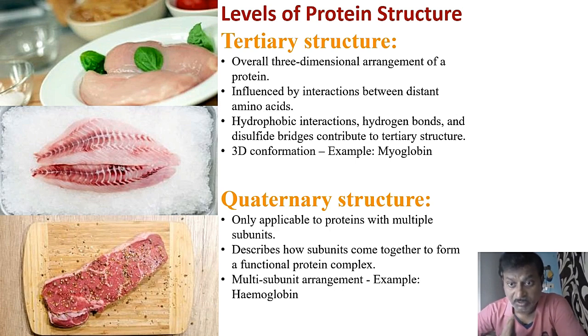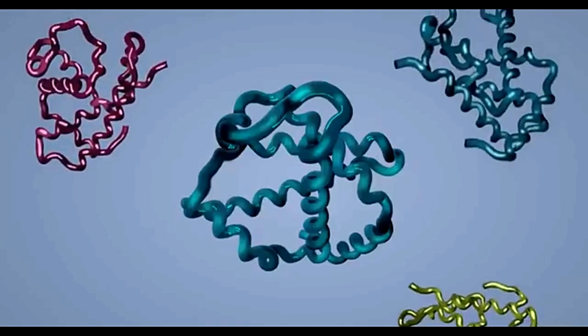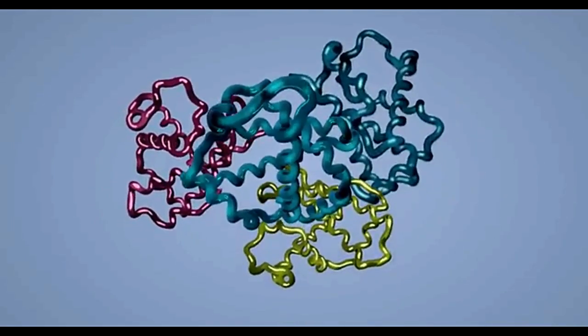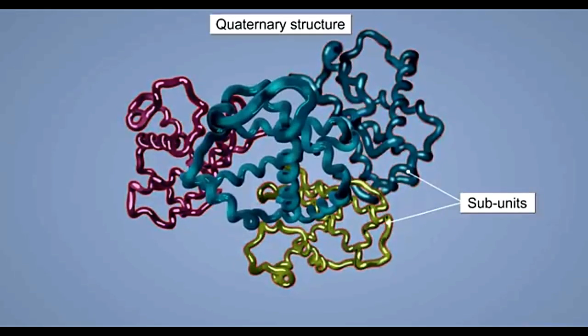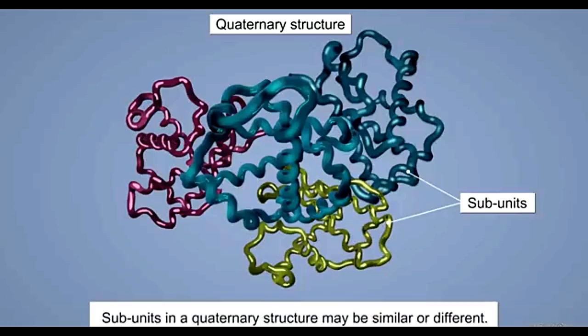Many proteins consist of a single polypeptide chain. There are some proteins which consist of 2 or more polypeptide chains. These polypeptide chains are referred to as subunits. The quaternary structure is the spatial arrangement of these subunits with respect to each other in the protein structure. These subunits in a quaternary structure may be similar or different.